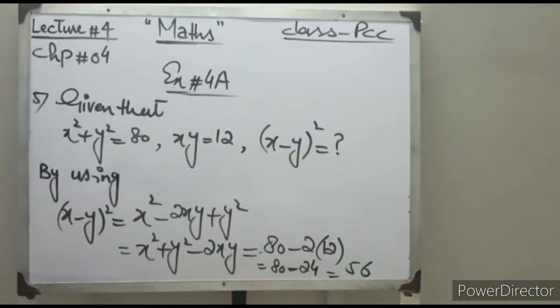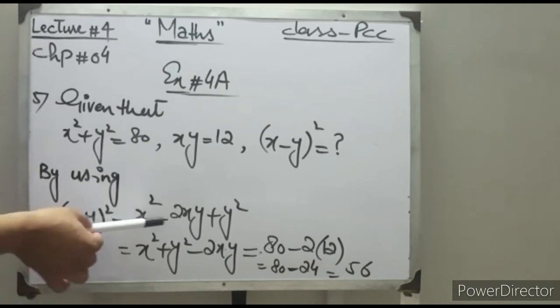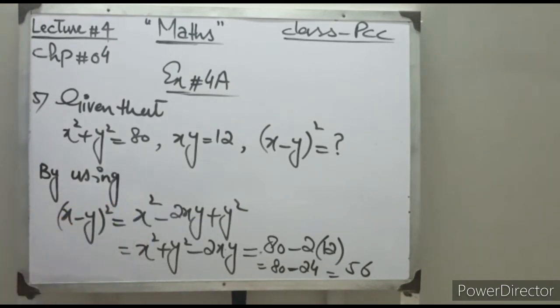Students, question number 5 and question number 6 are most important questions. Question number 5. Given that x square plus y square is equal to 80, xy is equal to 12, we have to find the value of (x minus y) whole square. By using the second identity, (x minus y) whole square is equal to x square minus 2xy plus y square.